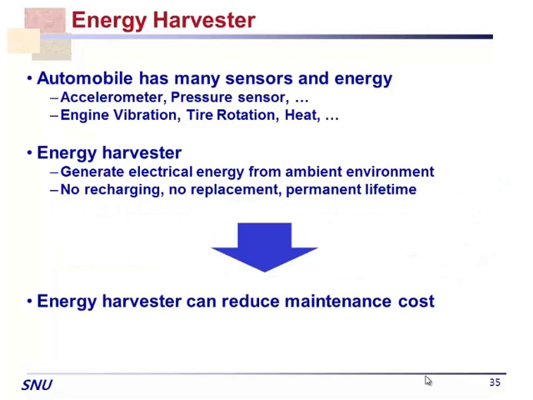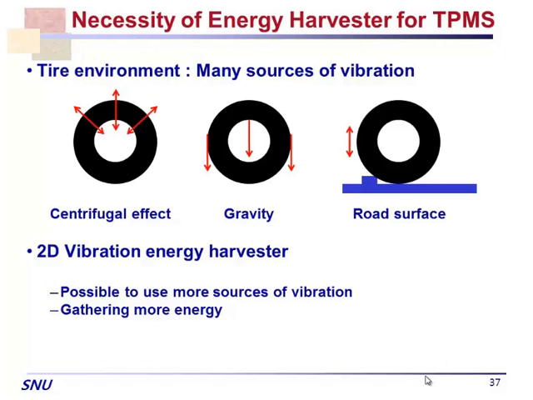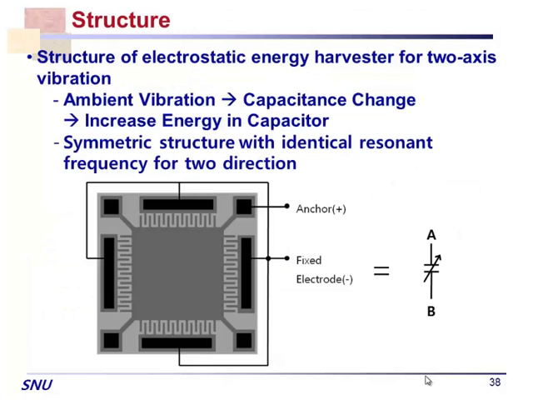And the third one is the energy harvester for this. The tire rotates in many different shapes. Okay, so if you use a 2D vibration energy harvester, then we could get some energy out of it. So it's 2D, so we have an anchor and then fixed electrodes here.